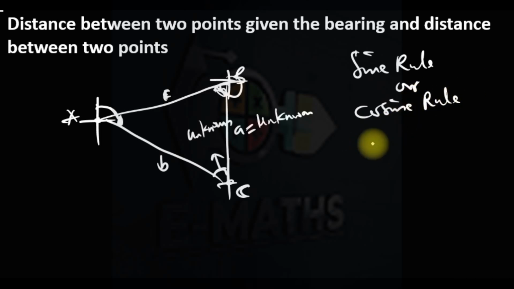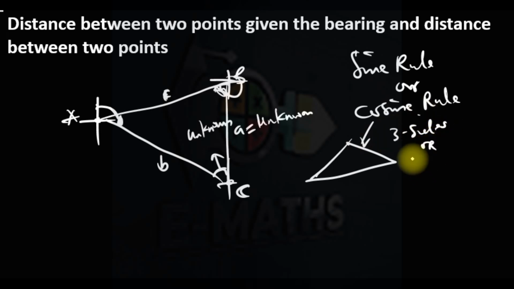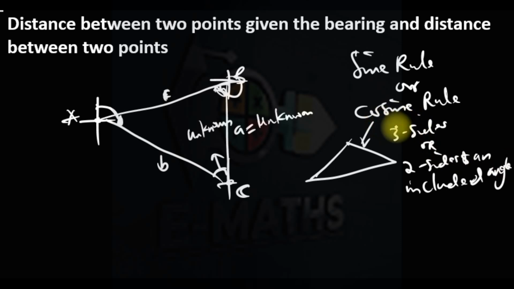So we normally use cosine rule if we are given 3 sides, or if you are given 2 sides and an included angle, we use cosine rule. Included angle means that you are given this side and this side, the angle between these two is called the included angle. So we use cosine rule.